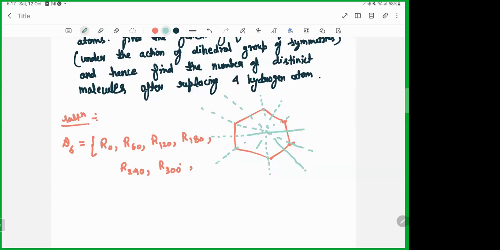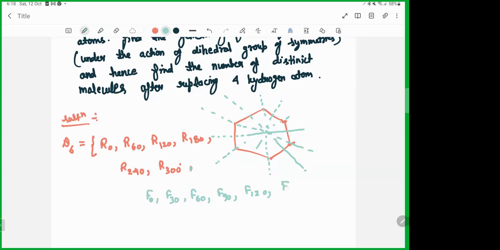So basically, its first one is F0, the reflection along this 0 degree vertical line, then F30, then F60, F90, F120, and then F150.